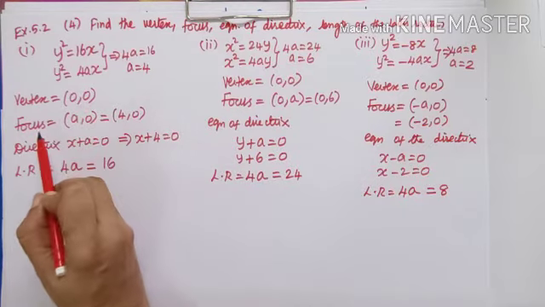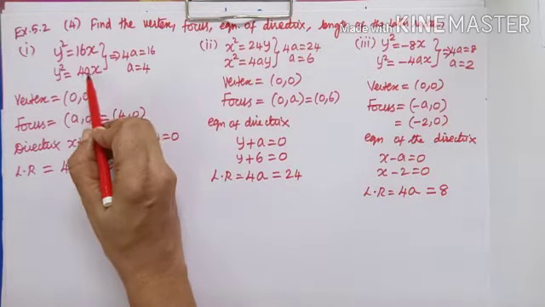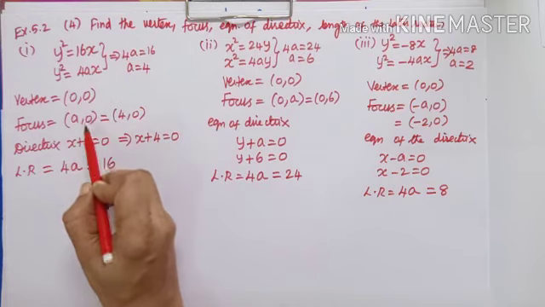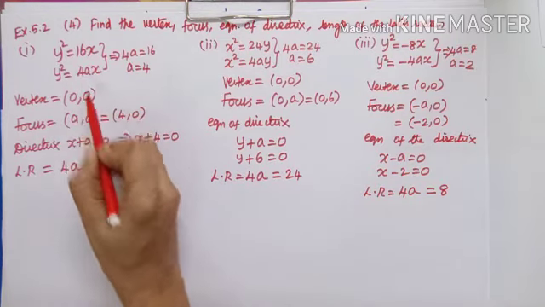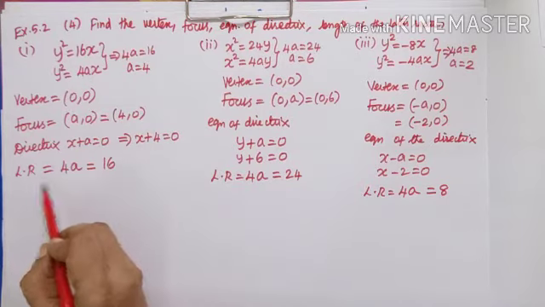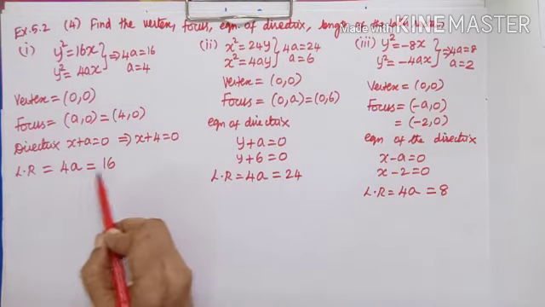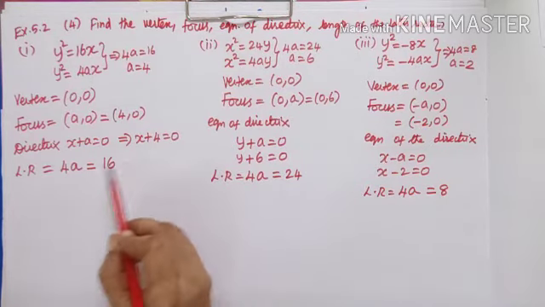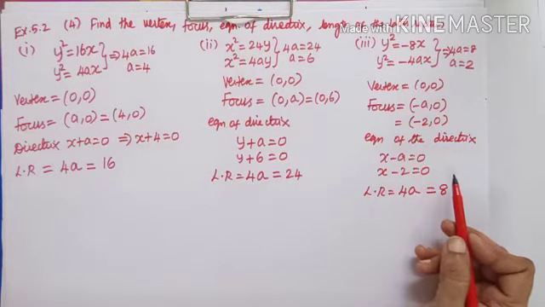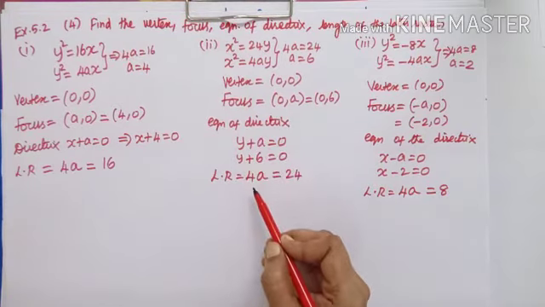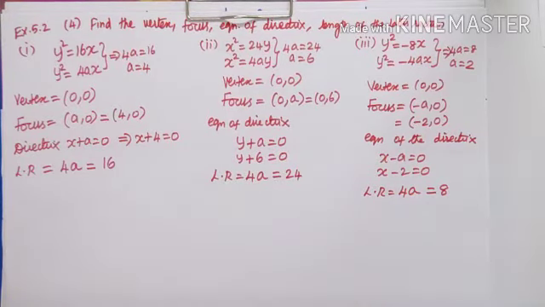Vertex 0 comma 0, focus. x value is a, y value 0. Directrix, x plus a equal to 0. And latus rectum length is 4a, 4a is 16. So given these types of problems which may come under 2 or 3 marks, we have to remember how to write these answers.